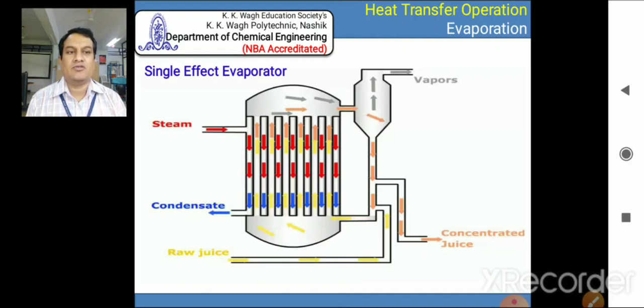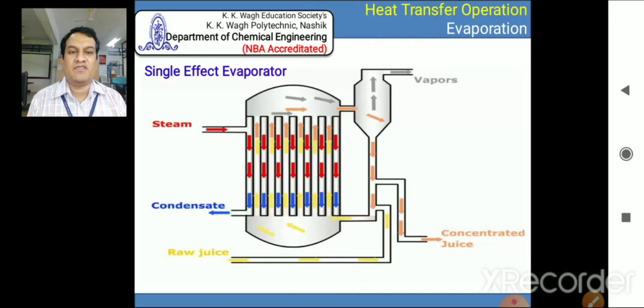In the single effect evaporator, if you observe the diagram, you can understand that there is an evaporator body, then there is a space for steam in, as a heating media. There is a space for condensate out, because after absorbing the latent heat from the steam, it is going to convert into condensate, and we can supply the thin liquor.